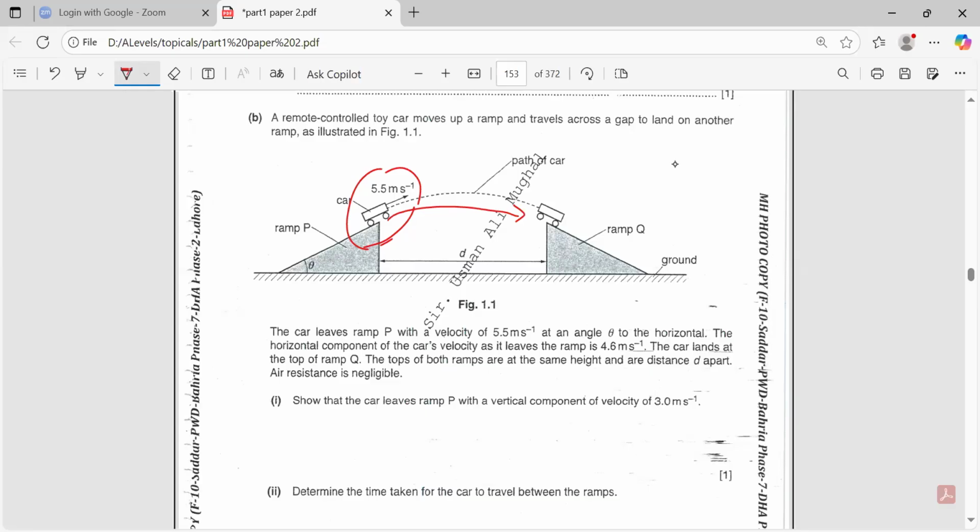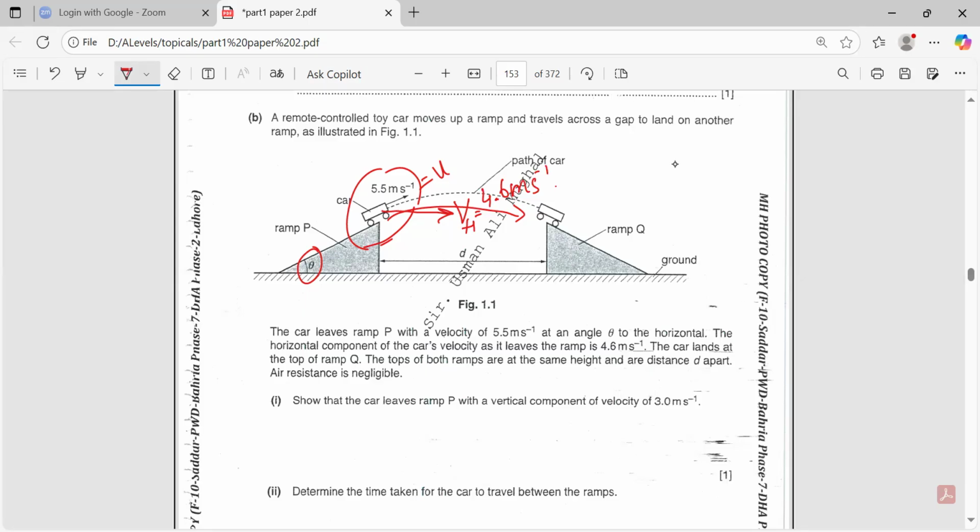The car leaves ramp P with a velocity of 5.5 meters per second, which is its initial velocity. It is leaving at an angle of theta. The horizontal component of the car's velocity as it leaves the ramp is 4.6 meters per second. So the car has a horizontal velocity VH equal to 4.6 meters per second.